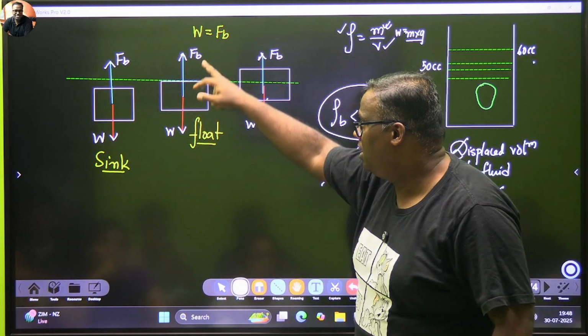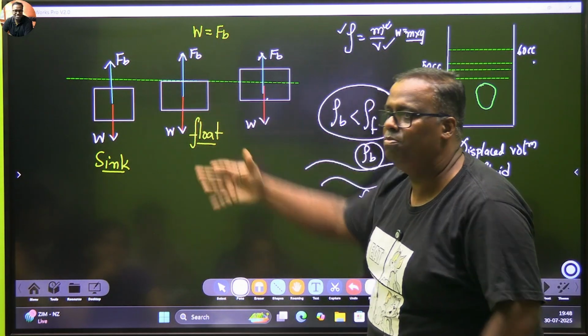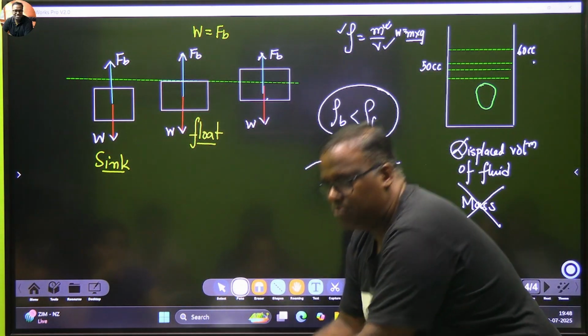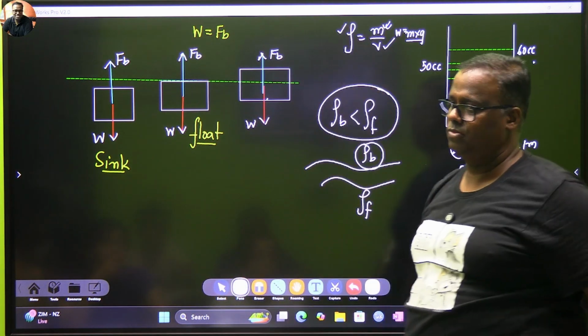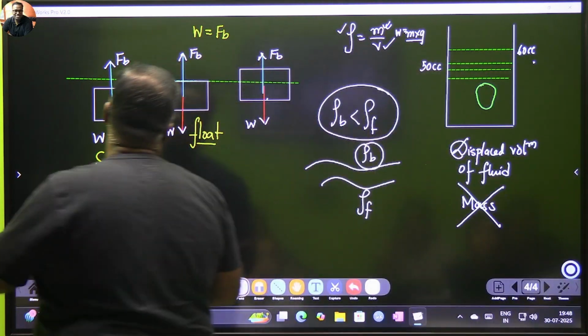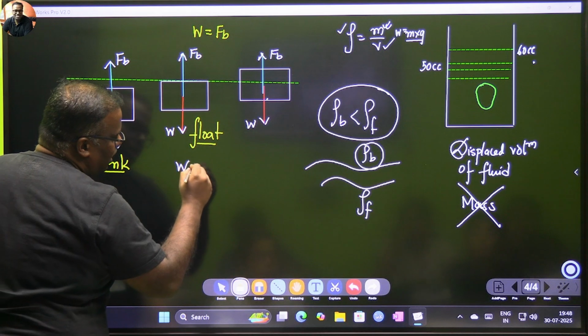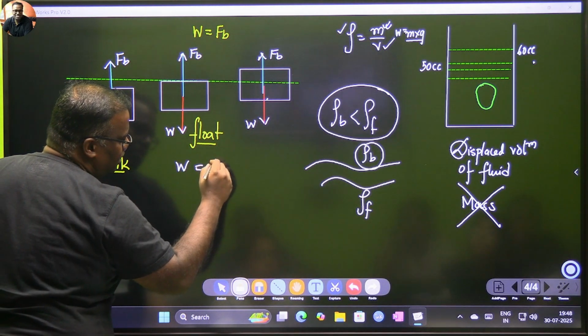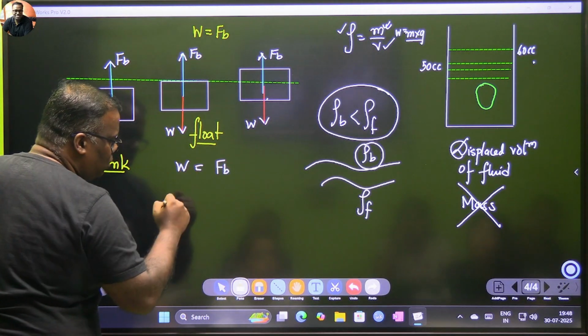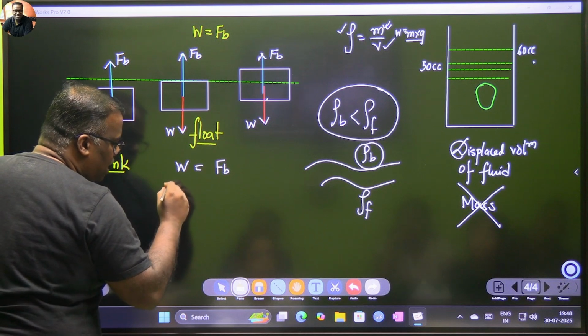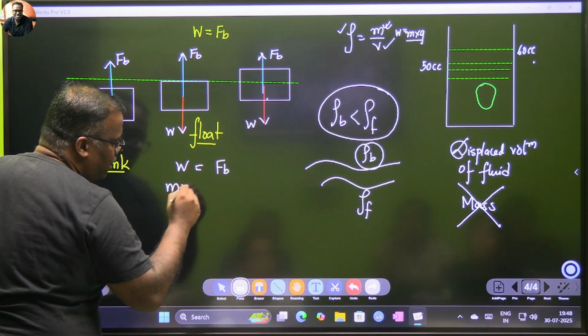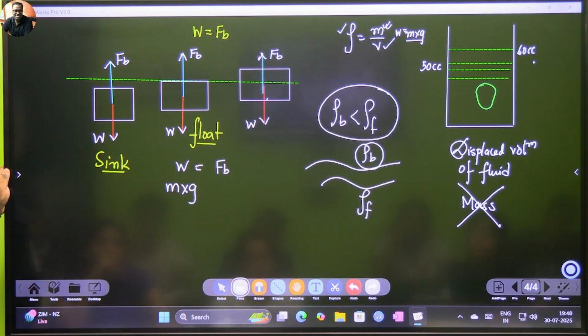In this case this object is not going down because its downward force is being balanced by the upthrust, right? So let's see. W is equal to what, beta? F_B. What is W? W is the mass of the body multiplied by g. Agreed?